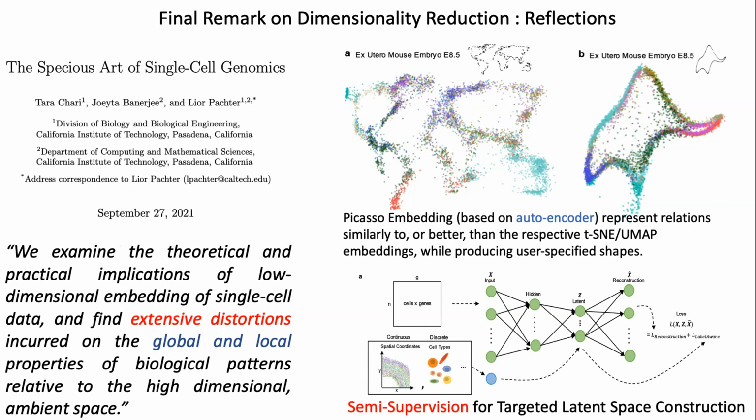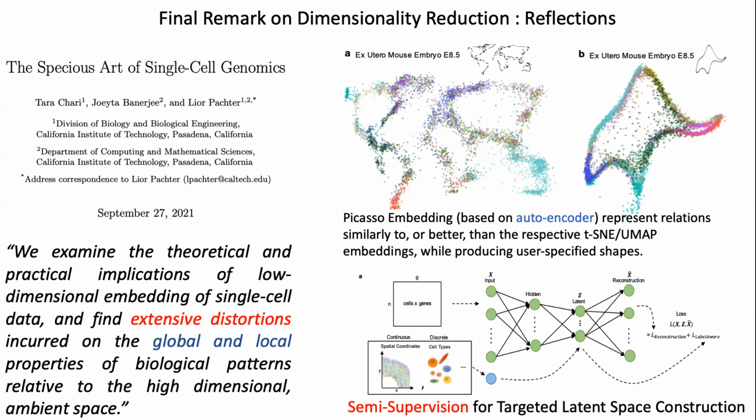I think the main take-home message is not that we should abort or not use t-SNE and UMAP anymore. They are still very important and informative, but we have to be more cautious, or have a better understanding of the whole process and use them wisely in research. This paper also talks about something, if you're interested, called semi-supervised visualization.